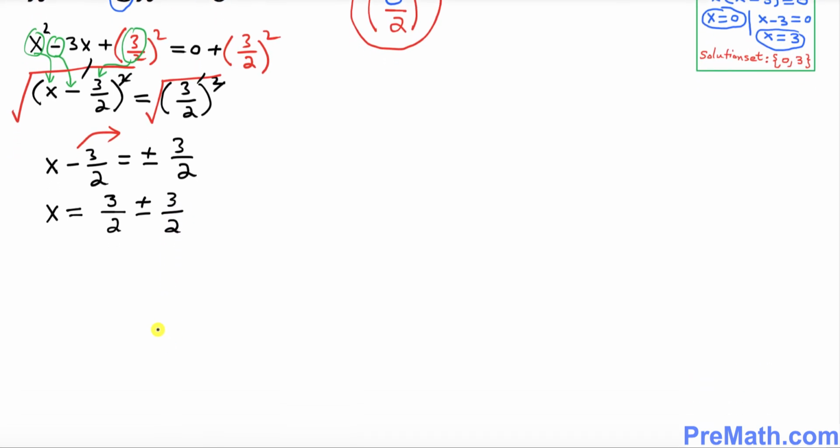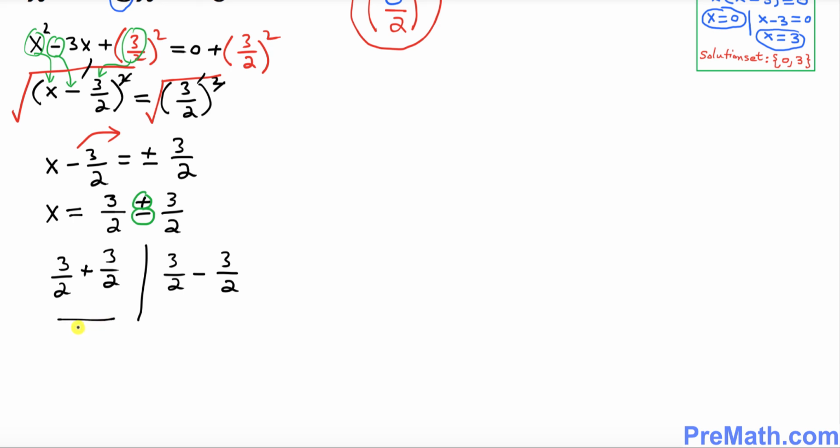So far so good. Now the next thing we want to do is split this up into the positive and negative sign. So we get first 3 over 2 plus 3 over 2, and the other one is 3 over 2 minus 3 over 2.